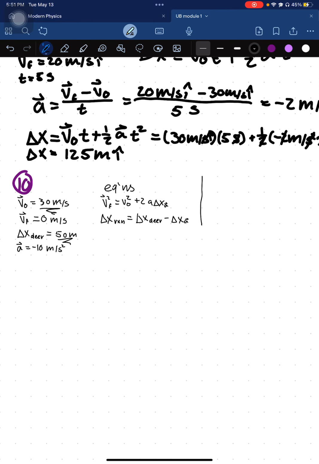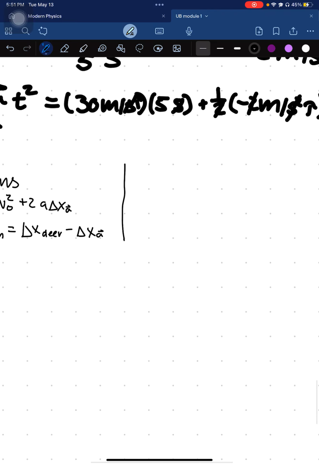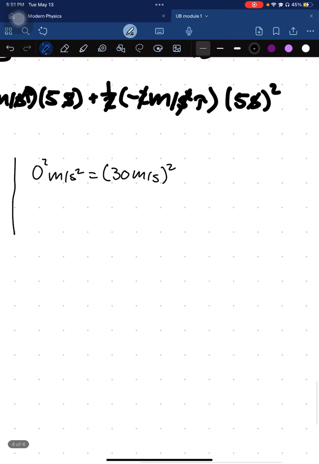So VF squared equals V naught squared plus 2A delta x acceleration. I know that 0 squared meters per second squared is equal to 30 meters per second squared plus 2 times negative 10 meters per second squared delta x.